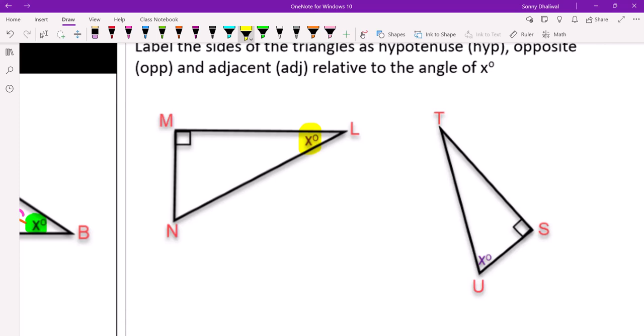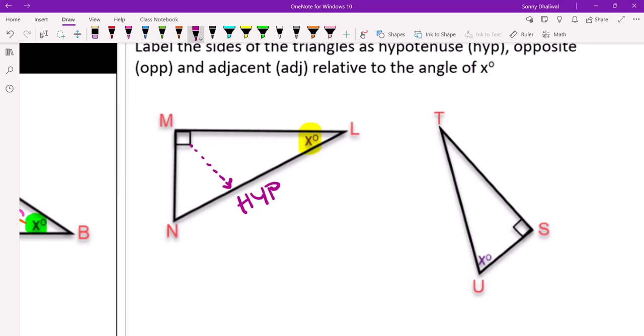Which side is your hypotenuse? LN, all right? So I'm going to write down HYP here for hypotenuse, right? It's across from the 90 degrees, the longest side, okay? Next, which one is your adjacent?